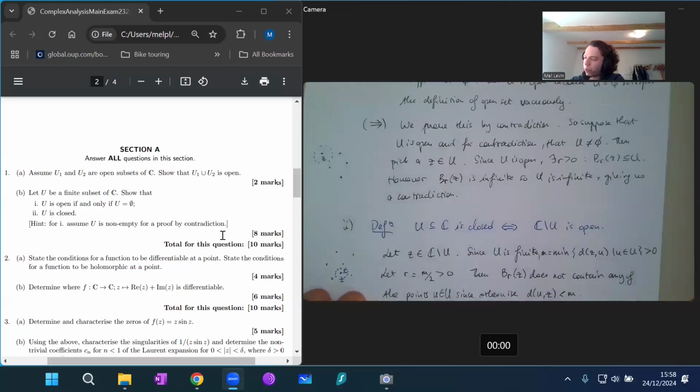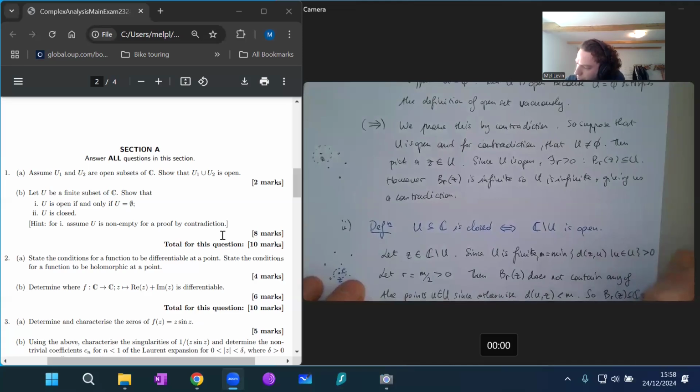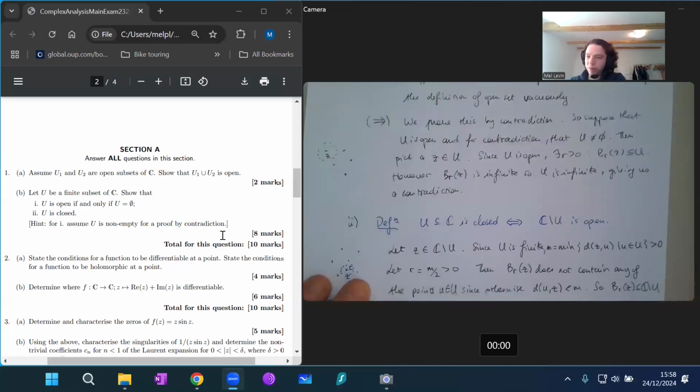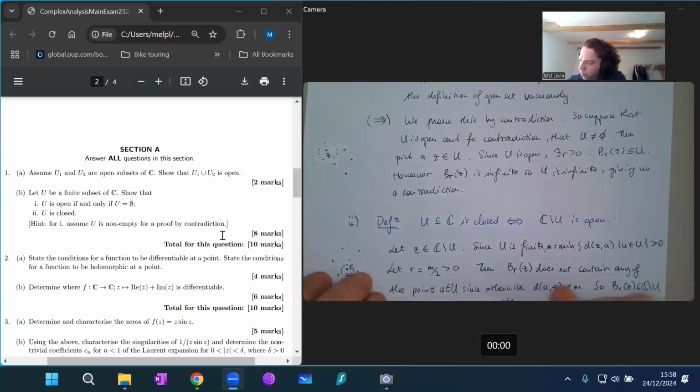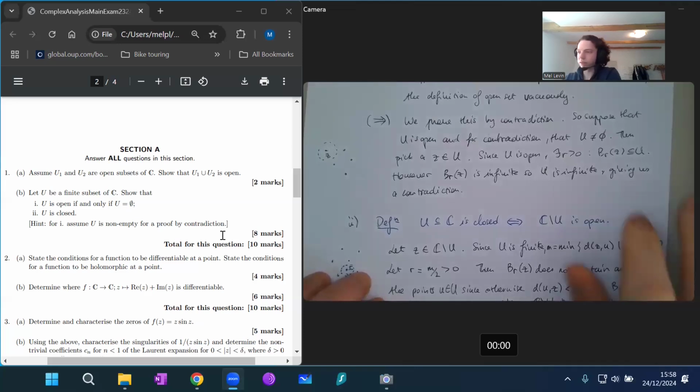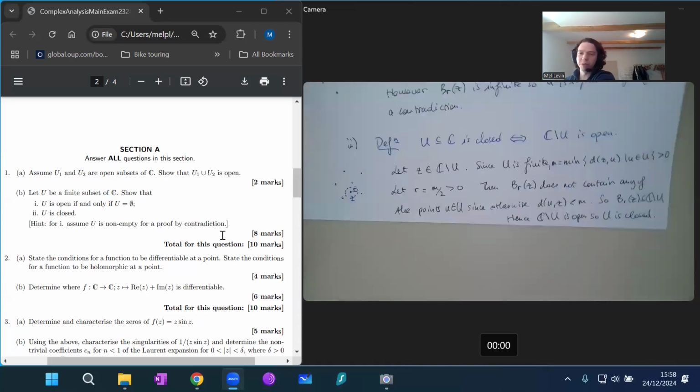So anyway, it's pretty clear. B_R(Z) is fully contained within the complement. Hence the complement is open, so U is closed. It's falling off the page, but that's all.